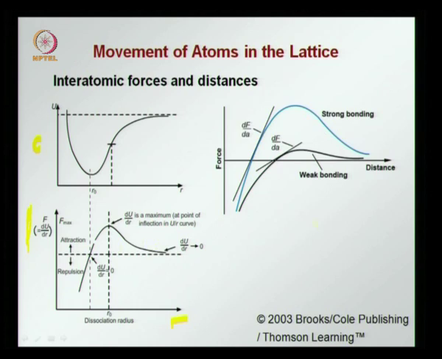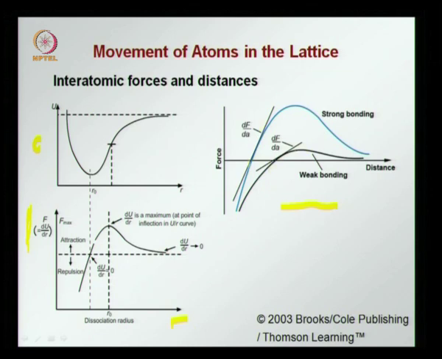This behavior is better seen here where you have this blue curve showing us the case of strong bonding, the force versus distance diagram, and you see here that initially you have a straight line or linear behavior both in compression and tension. For weak bonding also it is a similar case, but the slope is less.